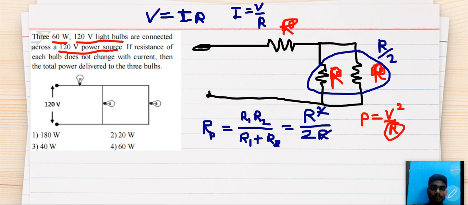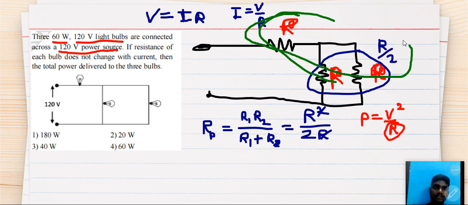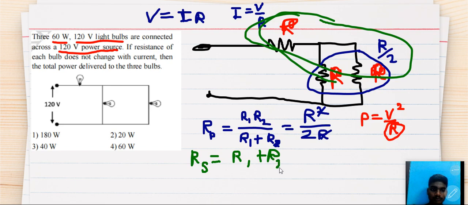Now, these two terms, I'm just changing the color, are going to be in series. Whenever resistors are in series, the total is equal to R1 plus R2. So right here R1 is R, and R2 is R by 2.